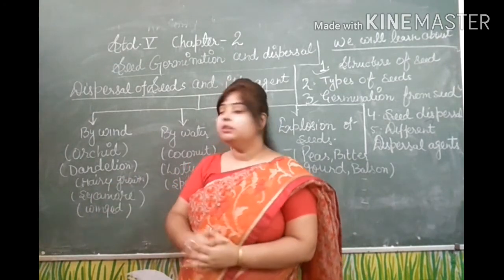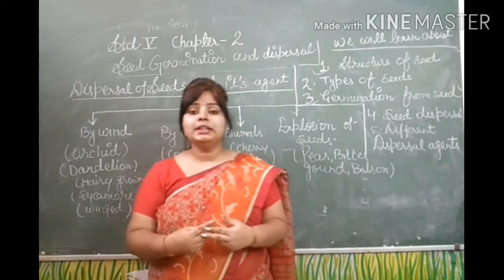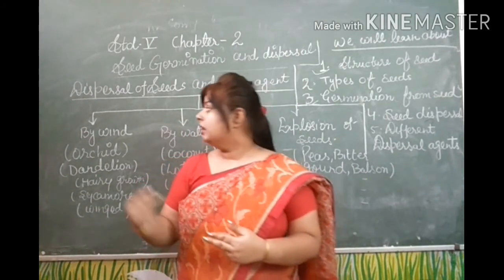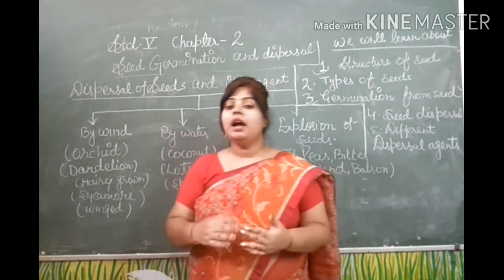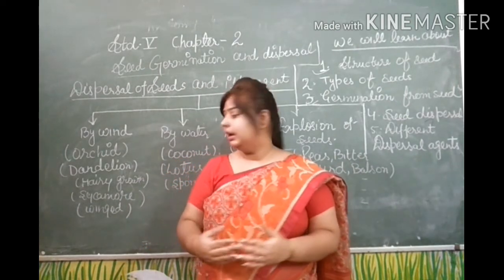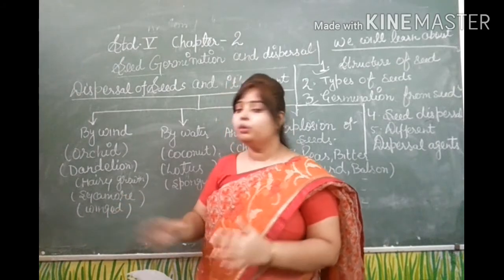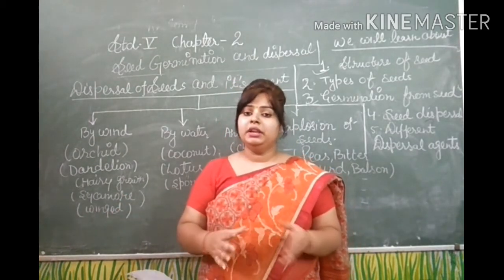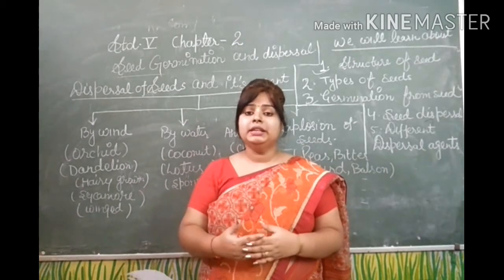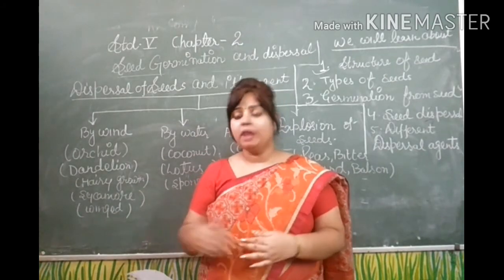Next is dandelion, the second example of the by-wind type of agent. It has hairy roots inside, and the hairs are very lightweight, and by wind they fall off at a place and give rise to a new plant.